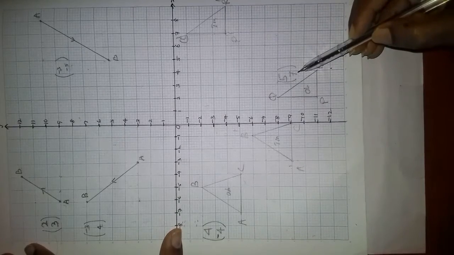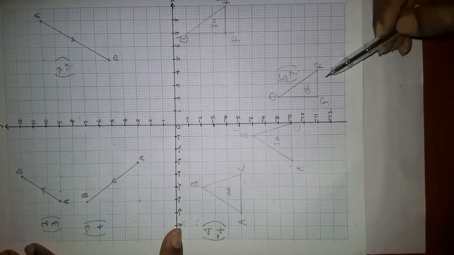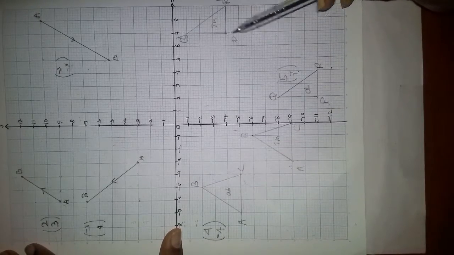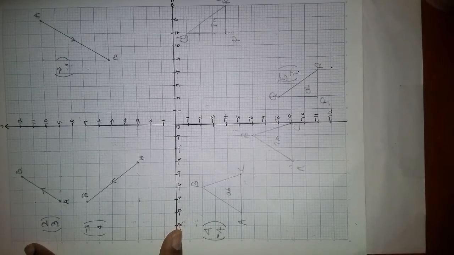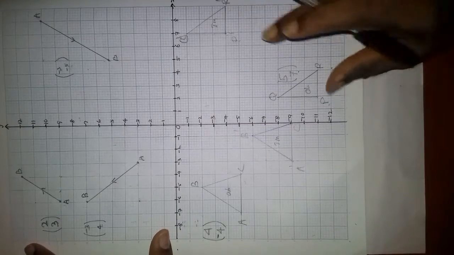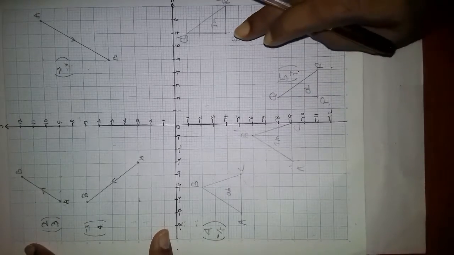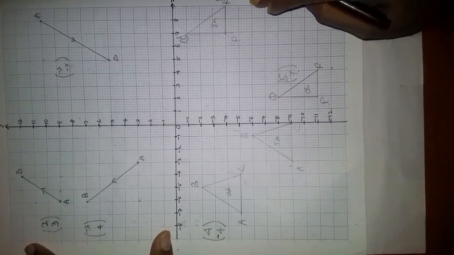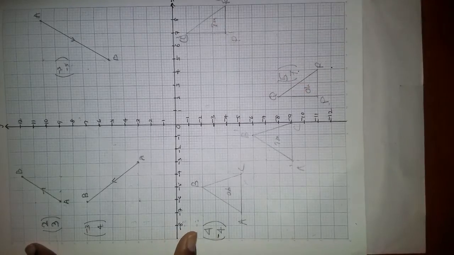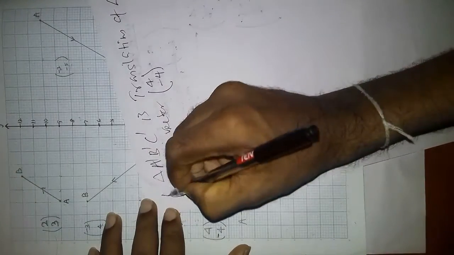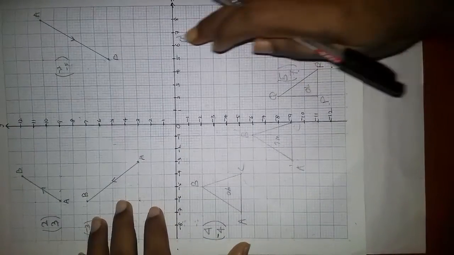This is the translation vector by which triangle PQR has been translated onto triangle P dash Q dash R dash. Then how do you fully describe this translation which maps triangle PQR onto triangle P dash Q dash R dash? You have to start with the image again. What is the image? P dash Q dash R dash.